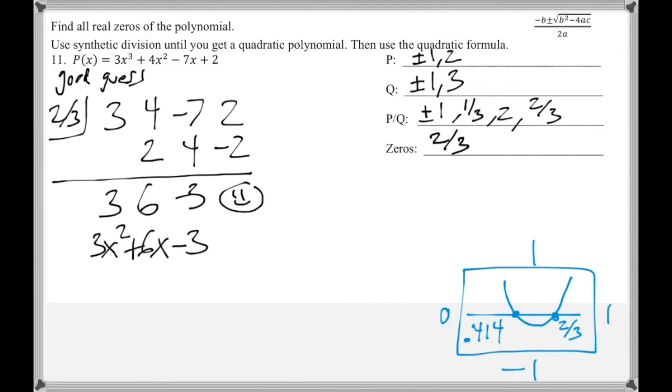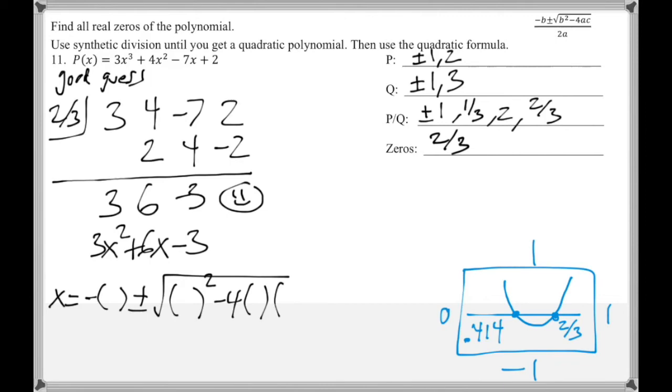Now I want to use the quadratic formula. So x is equal to, plug in my values.